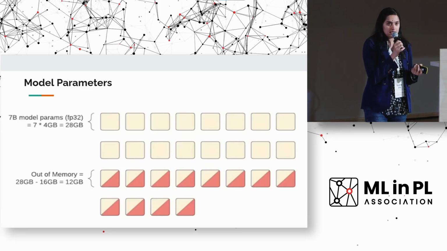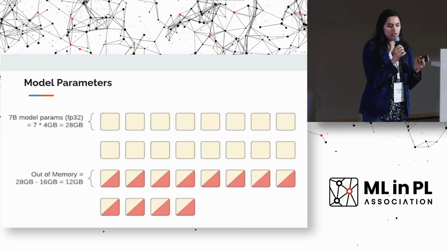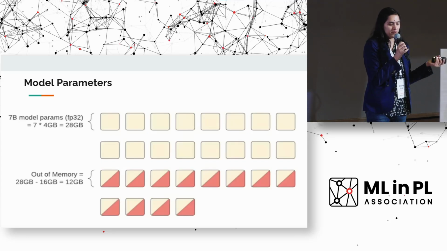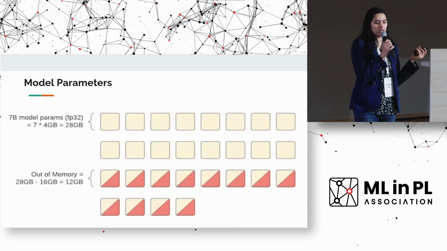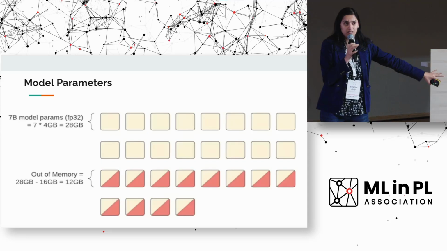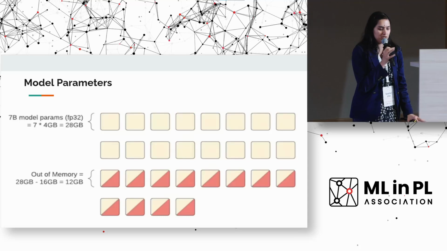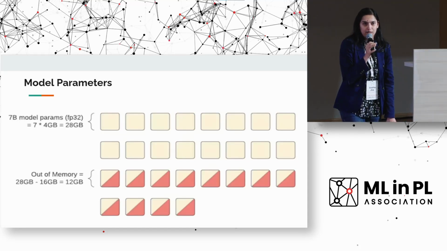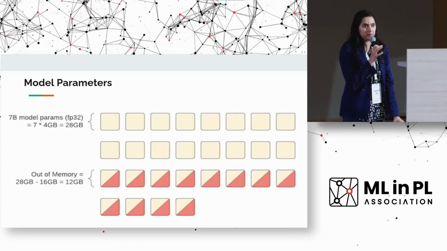That's basically 4 bytes of memory, and when you extend that to 7 billion parameters, that means 28 gigs right there. We haven't even talked about the gradients or the optimizer states yet. Just to store your model parameters, you require 28 gigs of memory, right? You're already out of 16 gigs of memory, right?